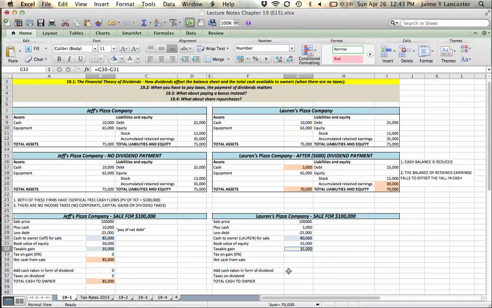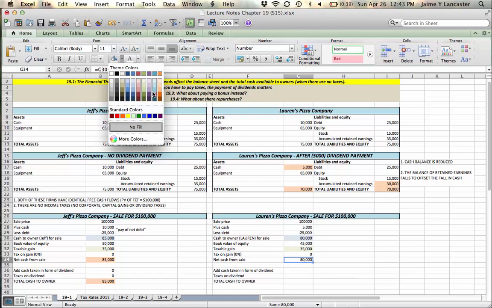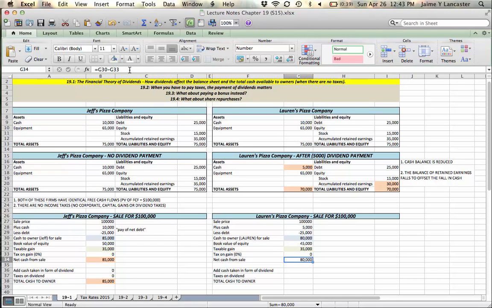Interesting. Well, we'll have a $0 gain, our tax on that gain, and so our net cash from our sale is going to be $80,000 that she receives minus the tax she's got to pay. So here it looks like she's getting $80,000 out of the firm for selling it.